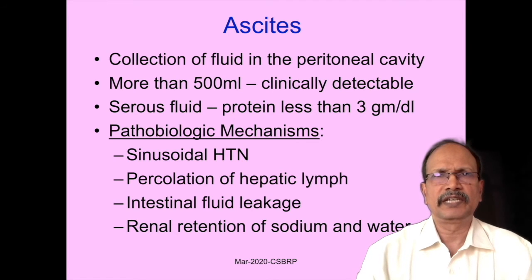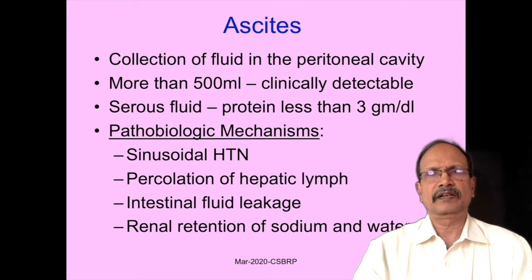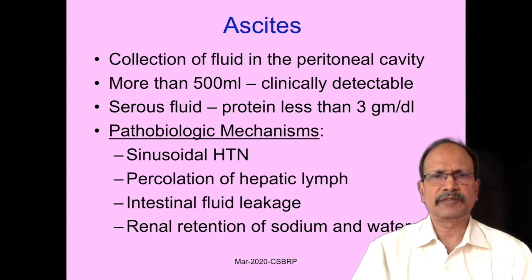The decreased drainage is associated with edema and seepage of fluid from the surface of the intestines, which accumulates in the peritoneal cavity, producing ascites. In addition, these patients may have decreased renal blood flow with retention of sodium and water, which aggravates the accumulation of fluid in the body, including ascites.